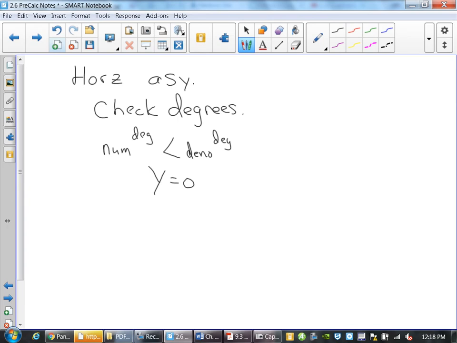Does that make sense how I wrote that? If it's smaller than the denominator's degree, you have the asymptote at y equals 0. If the numerator degree equals the denominator degree, then it was y equals the coefficients.